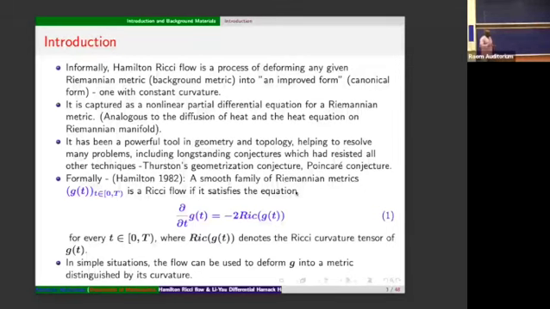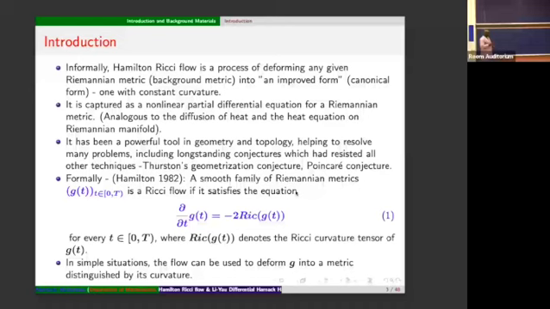Now we call it a background metric. So if you have a given background metric and you flow it, then you want to get a canonical form. You want to improve it. And what we mean by this canonical form is that you want to get a metric with constant curvature.